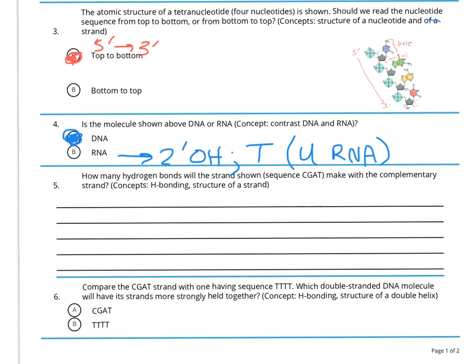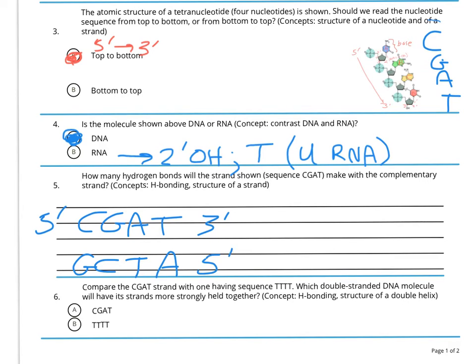In question 5, we learn that the DNA sequence here is actually CGAT, which means the opposite strand will be GCTA. And if this is 5' to 3', the opposite strand would be antiparallel, 5' on the right, 3' on the left.